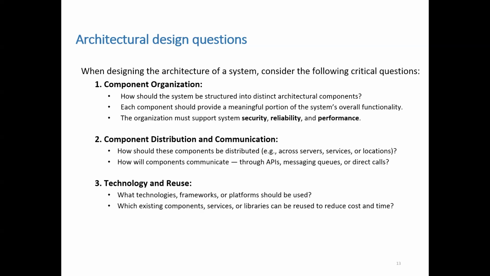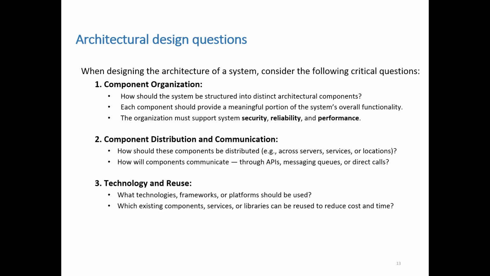Are they all running on the same server, or separated across a microservices architecture? Should they communicate through direct function calls, APIs, or maybe messaging queues? These choices affect scalability, latency, and failure handling.